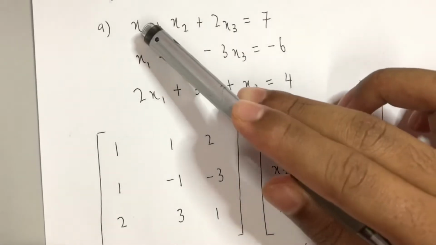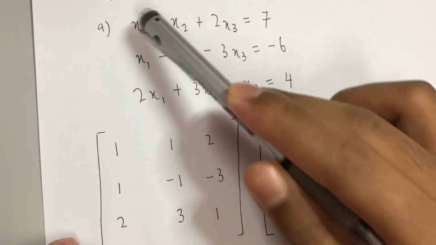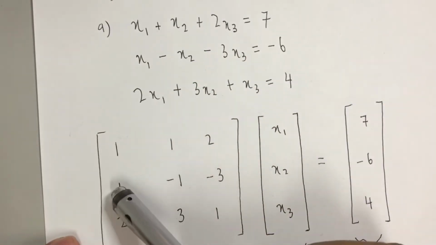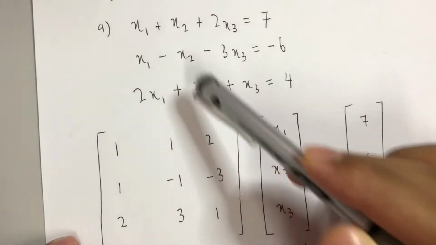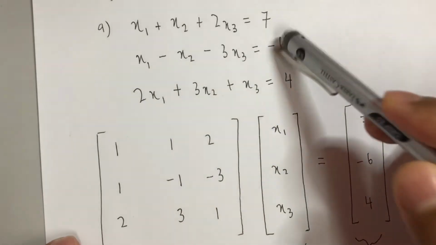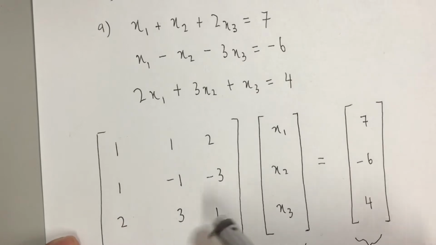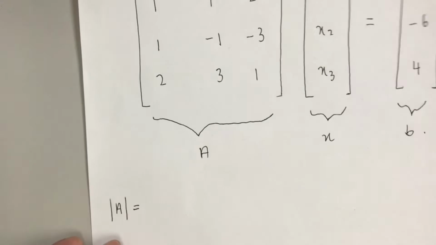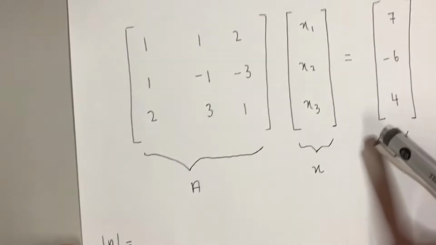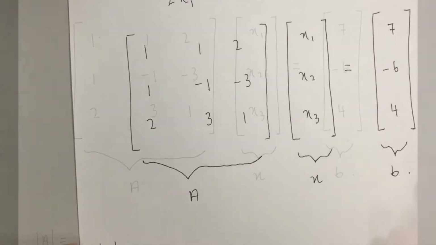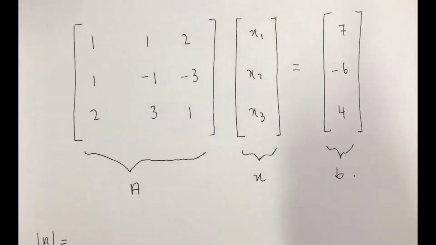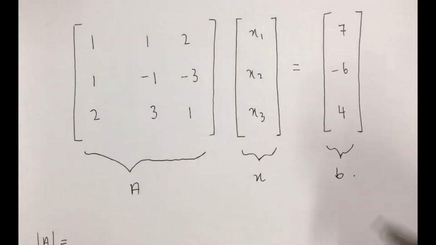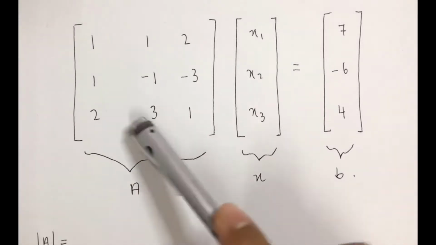For the first equation: 1, 1, 2, 7; 1, negative 1, negative 3, negative 6; 2, 3, 1, 4, which is A, X, and B. After you get this, you need to calculate the determinant of the matrix.